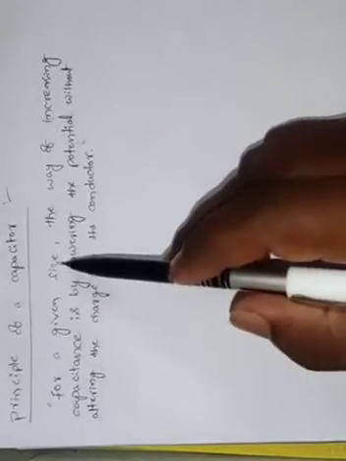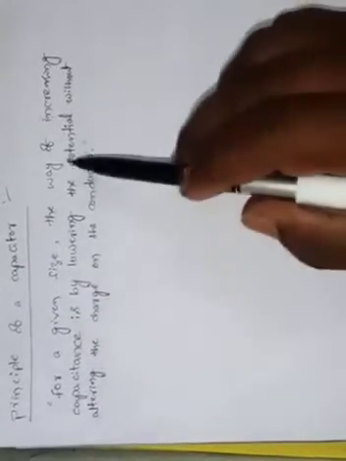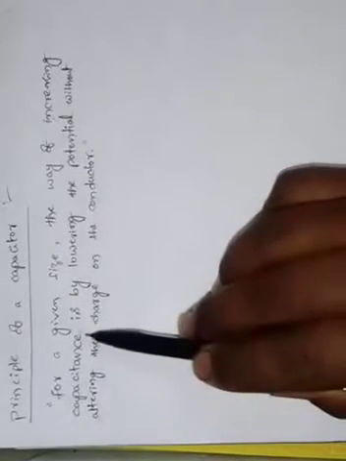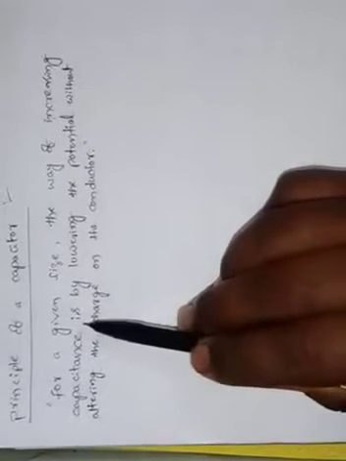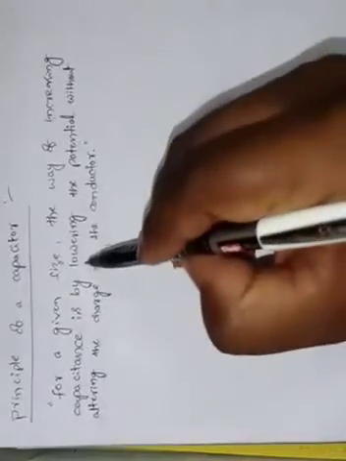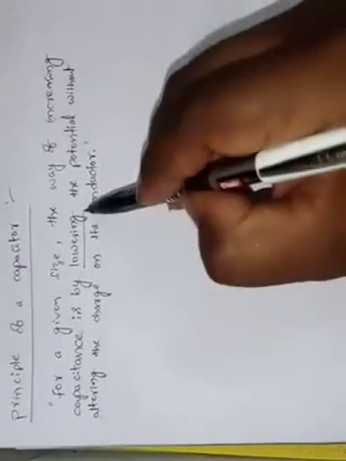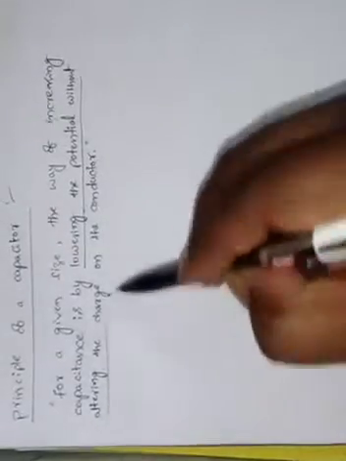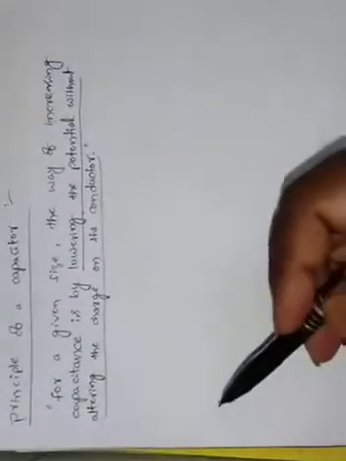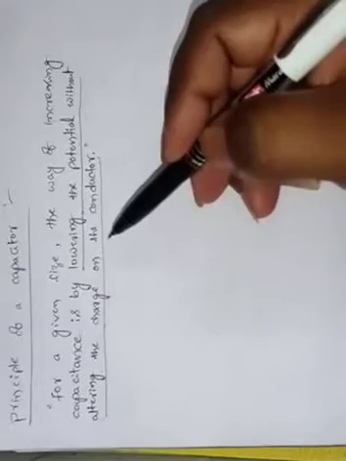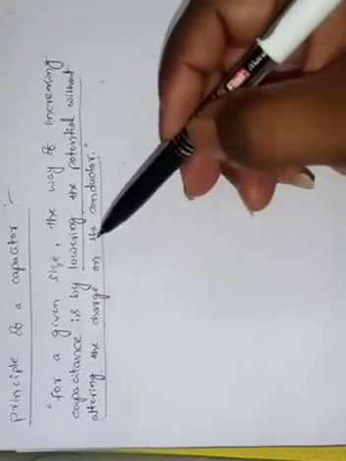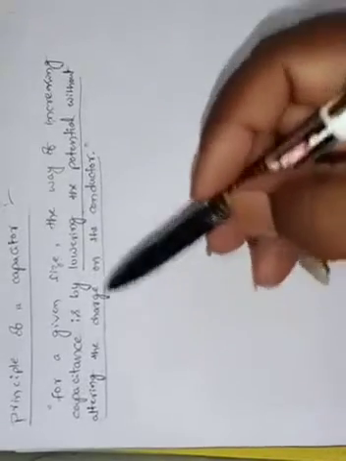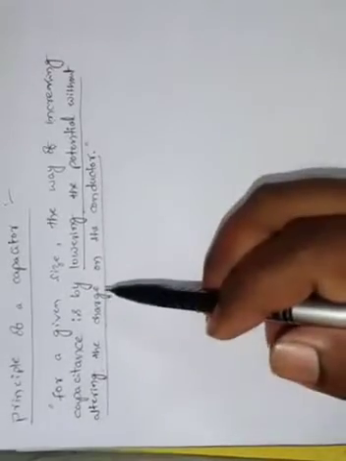For a given size of the capacitor, the way of increasing the capacitance is by decreasing the potential on the conductor without altering the charge on that conductor. For that we will see the explanation.